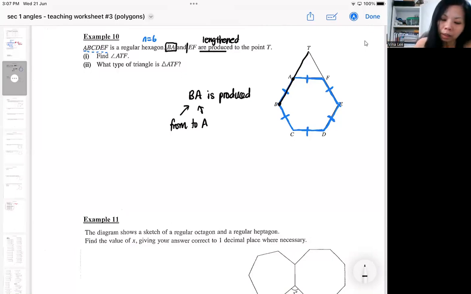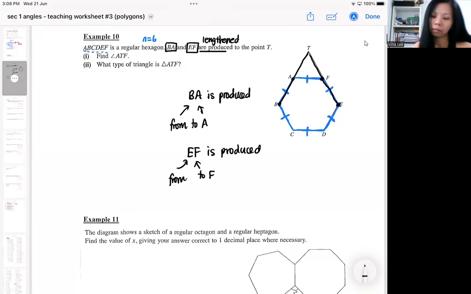It's the same thing here, EF. So EF is produced, which means from E, you go to F, then you make it longer.